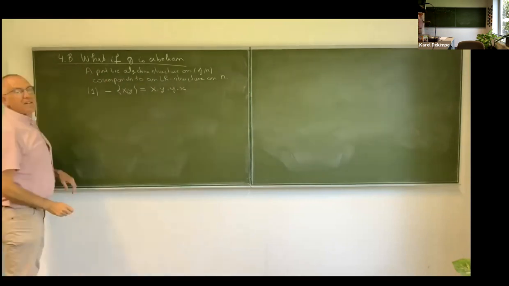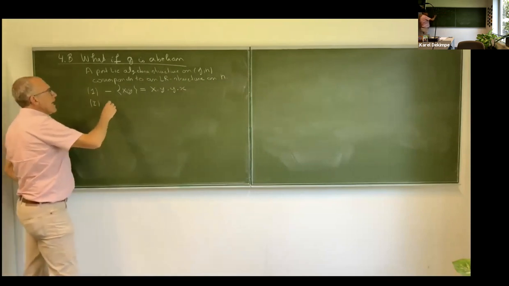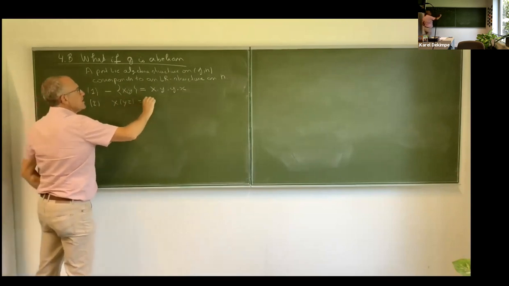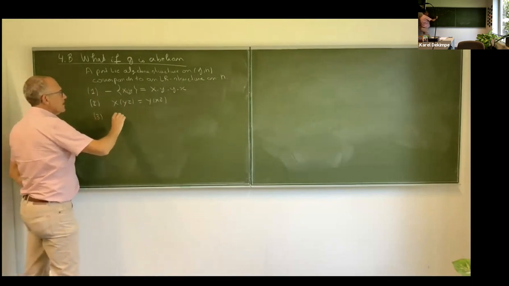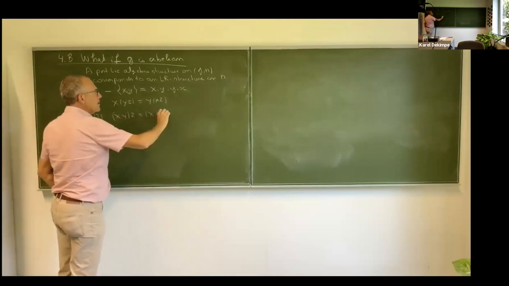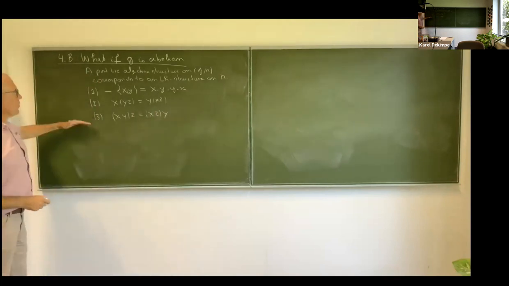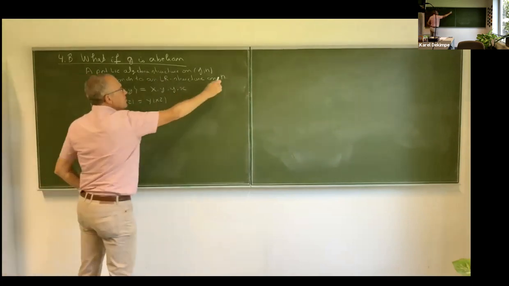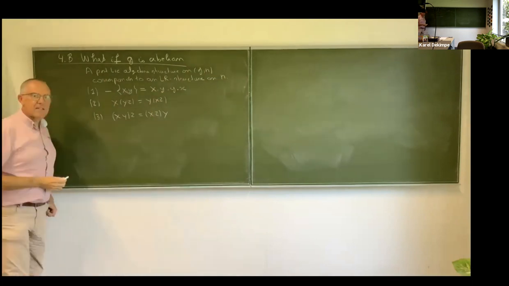Okay. For the LR structure, we should have this, but that doesn't matter too much. And then left multiplications and right multiplications should commute. So this should be the same as this. And thirdly, this should be the same. For all possible x, y, z, of course. So a Post Lie algebra structure or an LR structure on N, or on the pair (G, N), corresponds to a product satisfying these three properties.